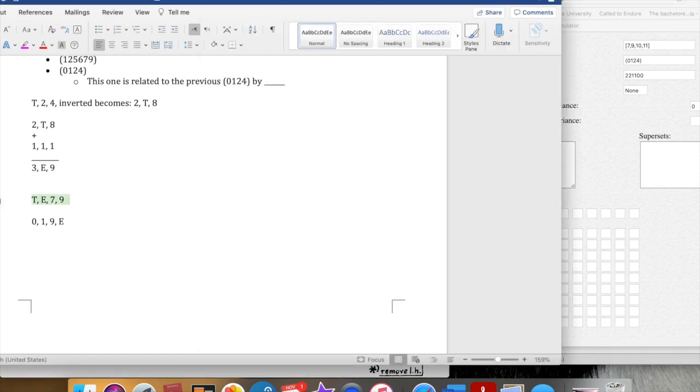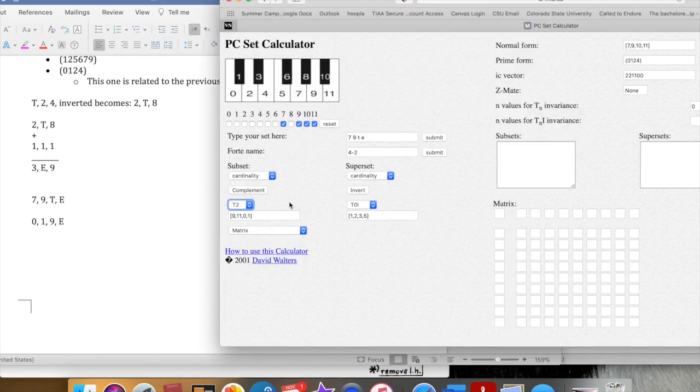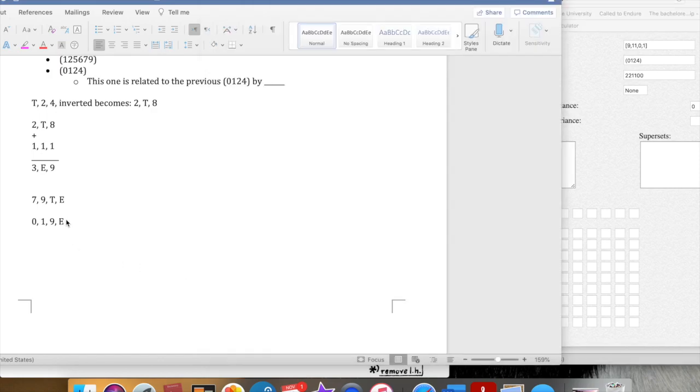So that would actually be 7, 9, 10, and 11. And then if I go to 0, 1, 9, 11, 9, 11, 0, 1 is its normal order. And so then you would just need to add 2 to everything.